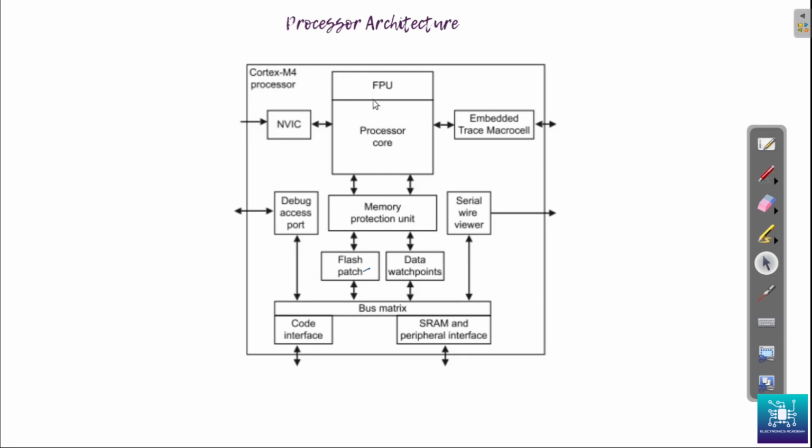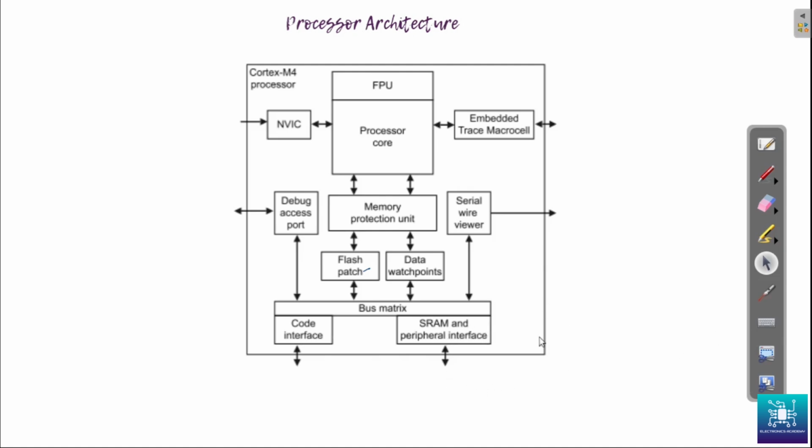So basically, it's the core and the FPU, and it is connected to various other peripherals. Peripheral in the sense, the serial wire viewer or memory protection unit, these are peripheral units to the processor core, but the actual peripherals are the ones that we have, like your UART and GPIO and so on and so forth.